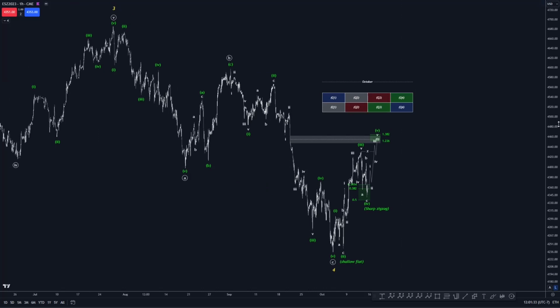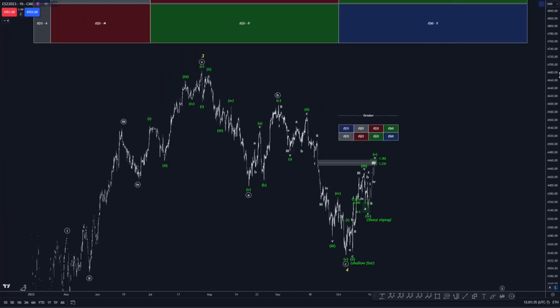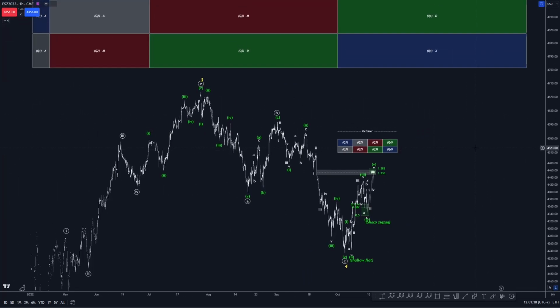Now, what I've been doing lately too is also applying the quarterly theory from day as well. So it's interesting because I can see both perspectives. Thinking of the first quarter starting as an A, or thinking the first quarter starting as an X for a reversal, because we did reverse extremely high on the higher time frame, but also we did create one very shallow flat, and then we moved up for our regular impulse.